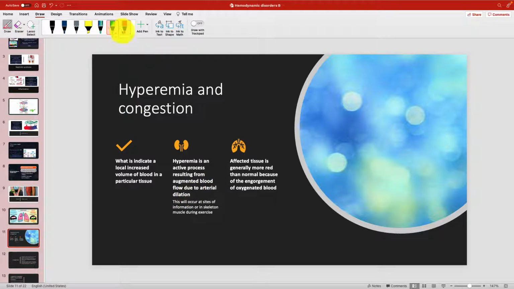When you guys are running, lifting, or exercising, your arteries, remember I told you, have the ability to constrict and expand. So hyperemia is the expansion of those blood vessels. This happens at sites of skeletal muscle, right?